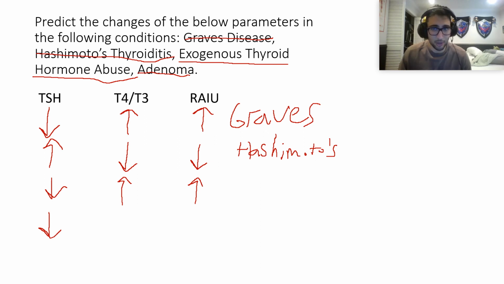It'll probably look elevated because the person is injecting themselves with thyroid hormone on top of what you make, so it'll look either normal or elevated. Most importantly, the radioactive iodine uptake will be decreased because the thyroid gland is not active. The exogenous thyroid hormone loops back onto the pituitary and decreases TSH. Because it's not the thyroid gland that's making the hormone, that decreases its activity, and it will decrease the radioactive iodine uptake.